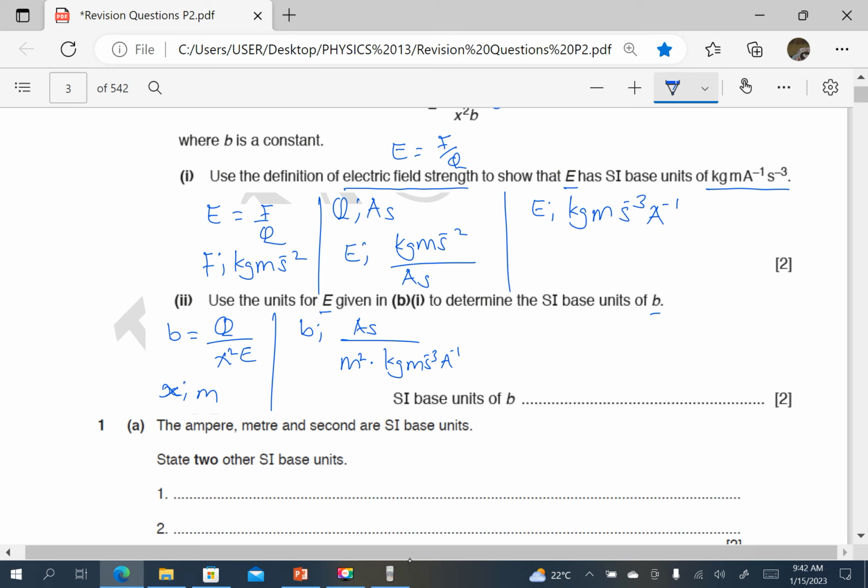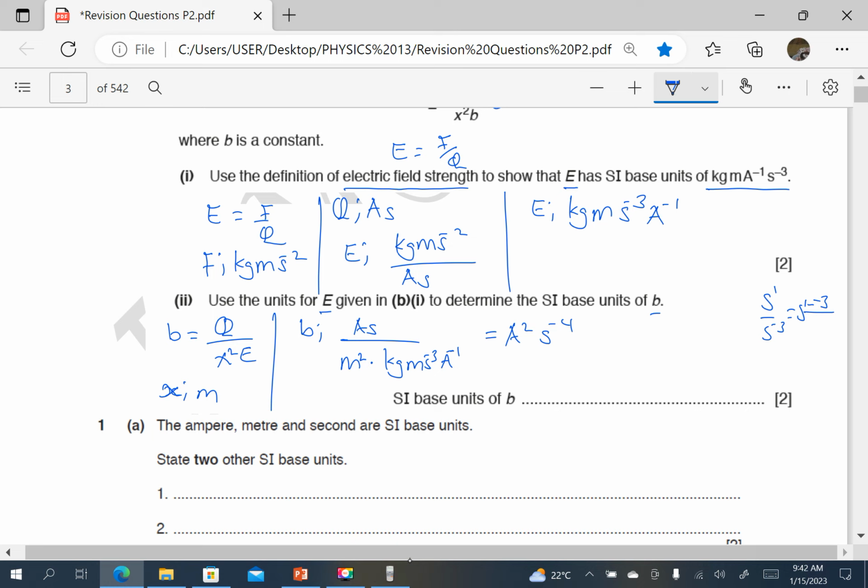So we simplify this. Ampere divided by per ampere becomes ampere squared. S divided by s power negative 3 becomes s power negative 4. We subtract the powers, so this will be s power 1 minus negative 3, which becomes power 4. Then we have m squared times m, that is m cubed, but it is in the denominator.